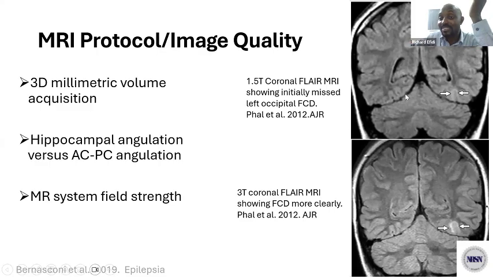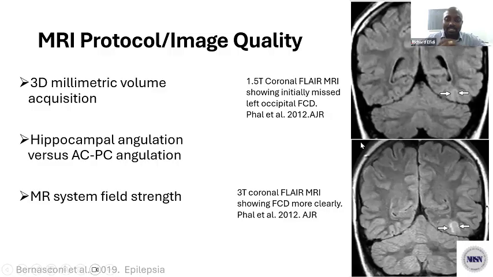Like in this case of coronal FLAIR images, that shows this subtle lesion that was passed as unremarkable. However, when the image was acquired using 3 Tesla, the lesion became conspicuous, and this turned out to be focal cortical dysplasia.